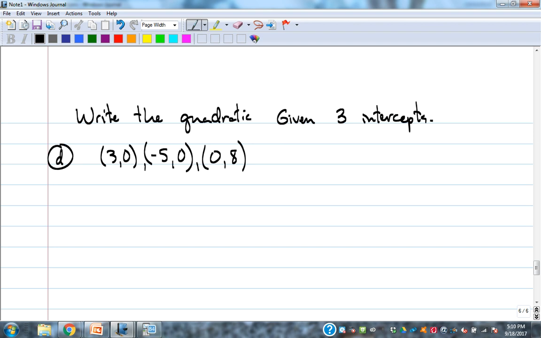Okay, given intercepts, which ones go into the intercept form? X intercepts or Y intercepts? When we look at the intercept form, remember intercept form was this. These, the m and n, were the what intercepts?